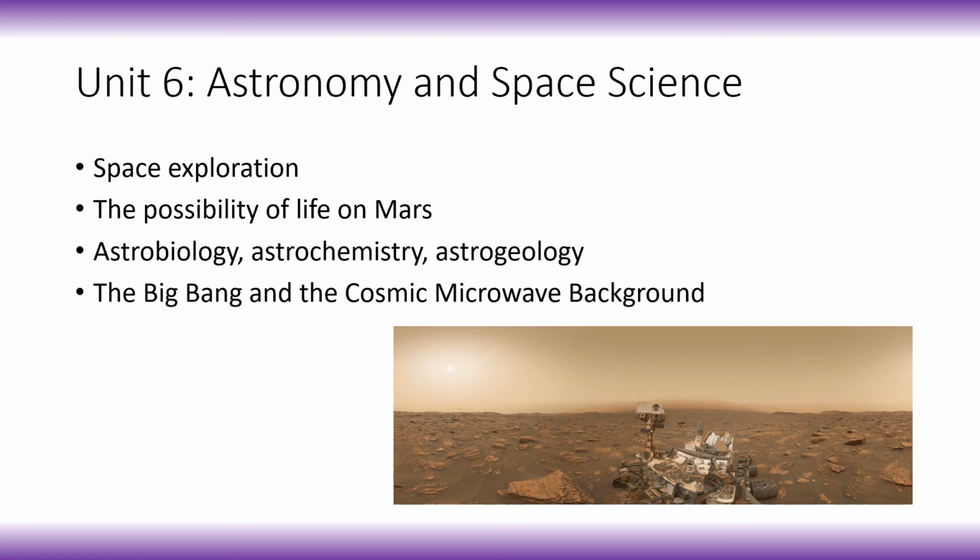We'll spend a very, very brief time looking at astrobiology, astrochemistry, and astrogeology. These things tell us more about the history of our solar system or give us clues about what different planets or different atmospheres or different stars are made out of.